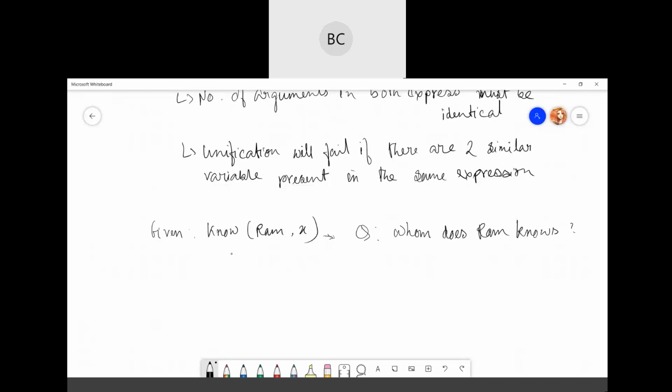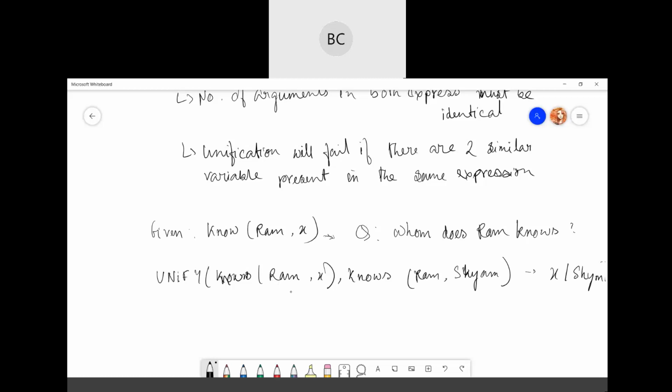Okay. For example, it consists of Unify(Knows(Ram, X), Knows(Ram, Sham)). So here we can substitute X by Sham. Okay.